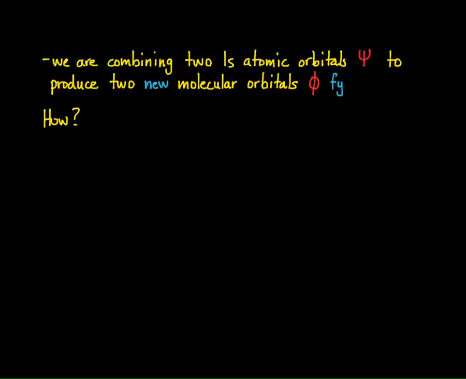All right, so we start off with an atomic orbital of HA. And that atomic orbital we're going to note as psi of HA. We can combine that, add it with the atomic orbital of HB, which we're going to describe as the wave function of HB.